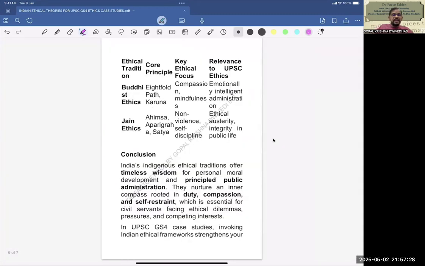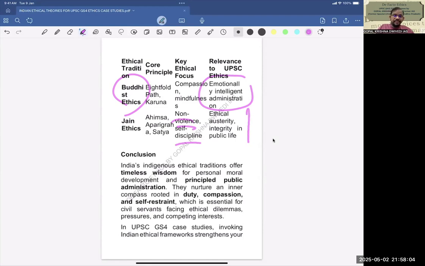Next, Buddhist ethics: the eightfold path, karuna, etc.; the key ethical focus is compassion and mindfulness; and it stresses emotional intelligence in administration. Jaina ethics: ahimsa, aparigraha, satya; it focuses on non-violence and self-discipline, and it encourages ethical austerity and integrity in public life.